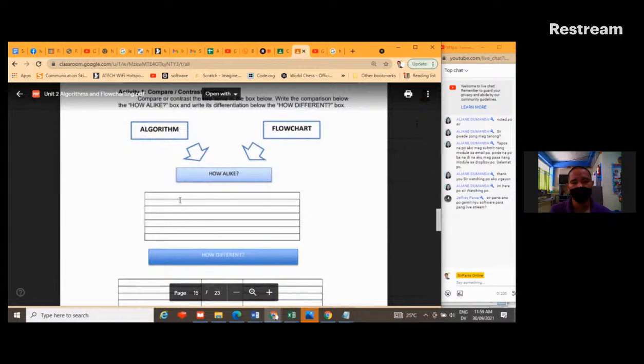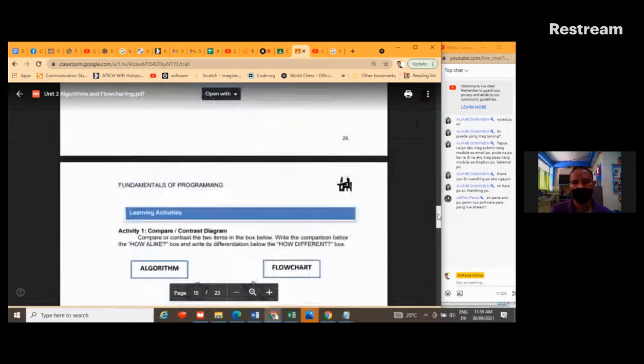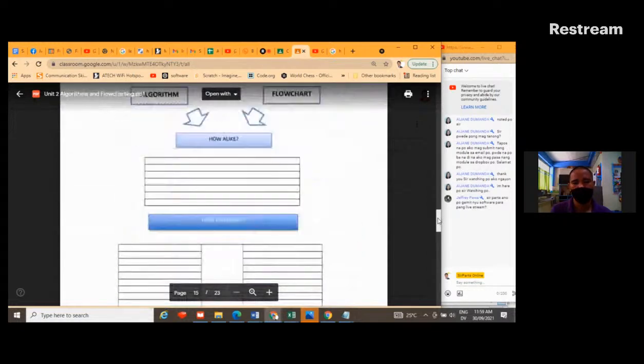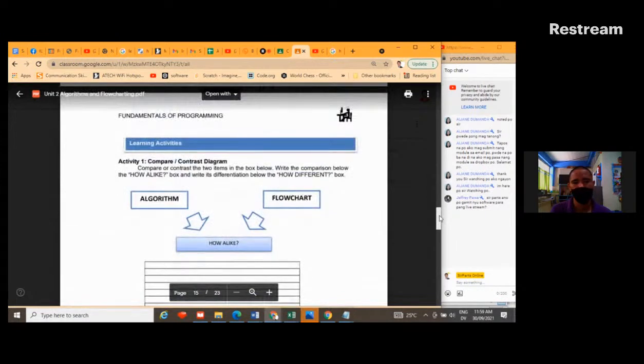You're going to write how they are alike, and then how different the two are. So what's the difference between the flowchart and the algorithm? That's our learning activity.